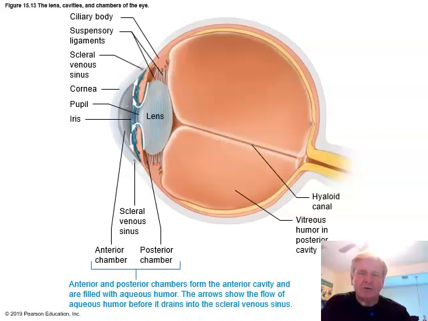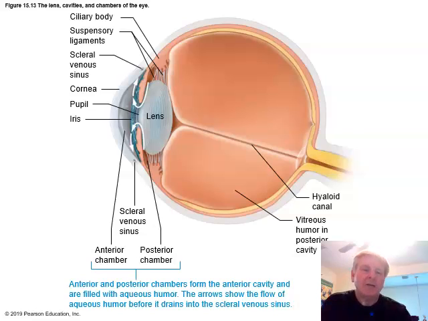The vitreous humor is a little more viscous than your aqueous humor is. The vitreous humor serves to keep the retina firmly attached to the vascular layer, and it provides shape to the eyeball. It does minimally refract the light rays, as does the aqueous humor.